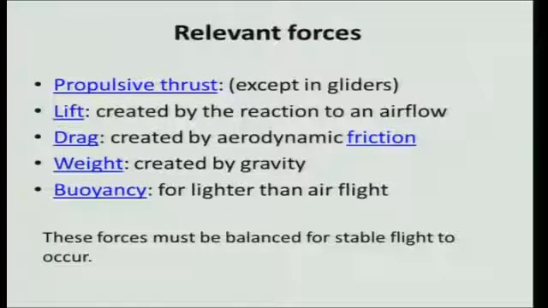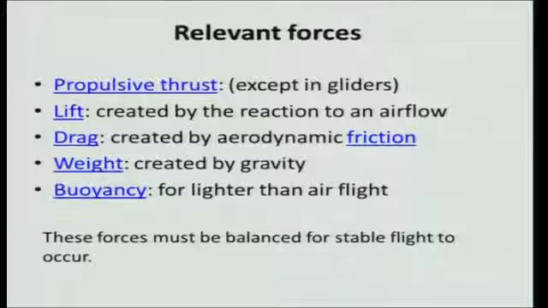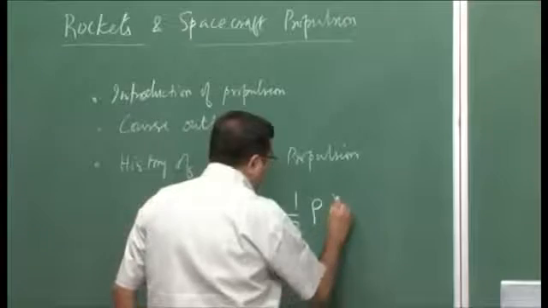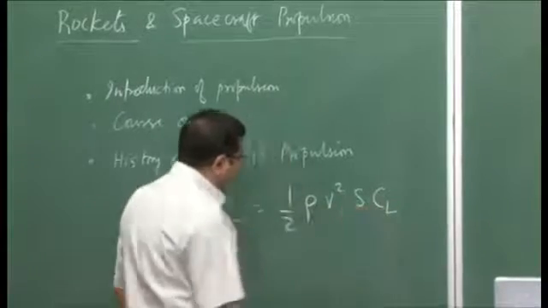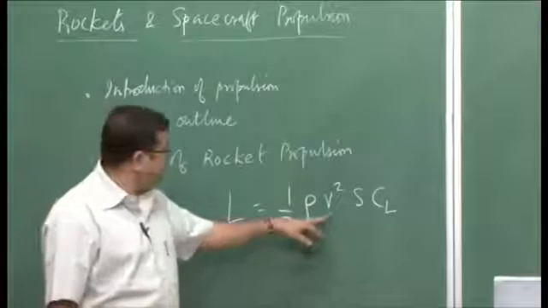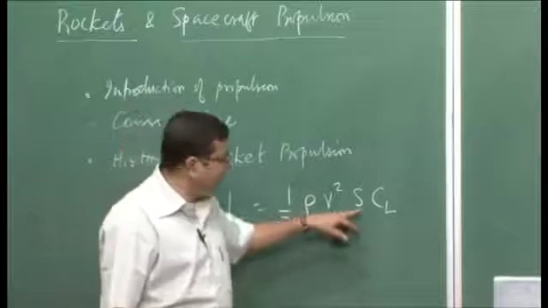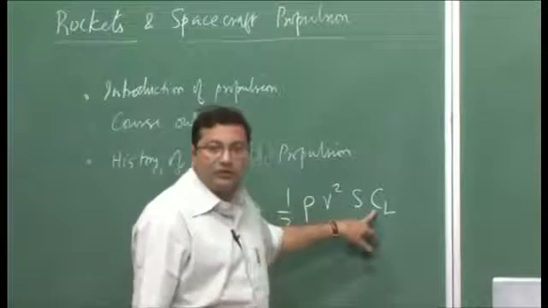Drag, on the other hand, is something that is trying to retard it. Now, drag is like the lift. As you are already aerospace engineers, you know that the lift is proportional to velocity square. Typically, lift is given by half rho v square s c l, where rho is the density, v is the velocity of the vehicle, s is the planform area, and c l is the lift coefficient.